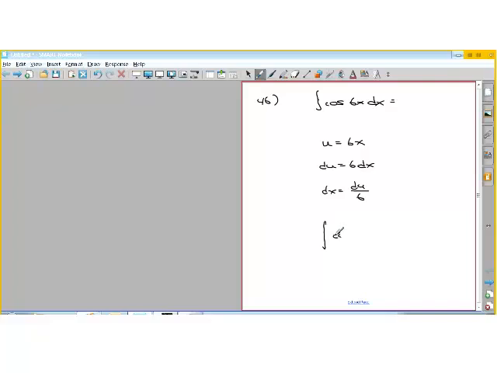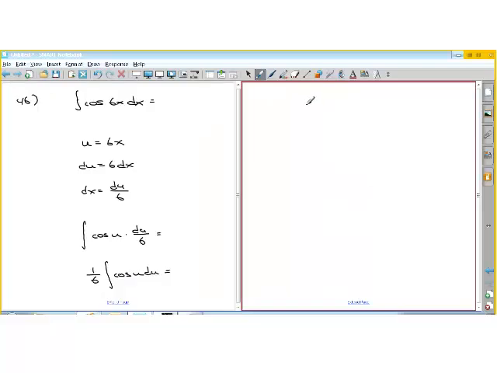So now we can rewrite the original expression. We'll have the cosine of u times dx, which is du divided by 6. So we can factor out the 1/6. So we get 1/6 times the integral of the cosine of u du.